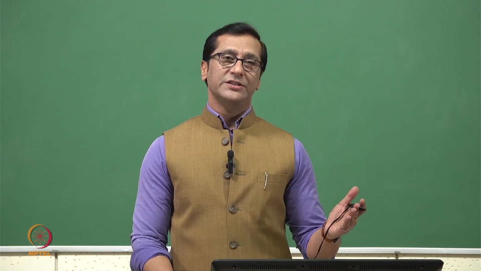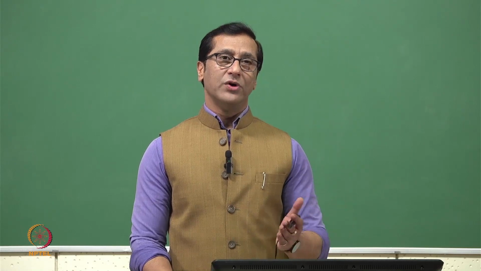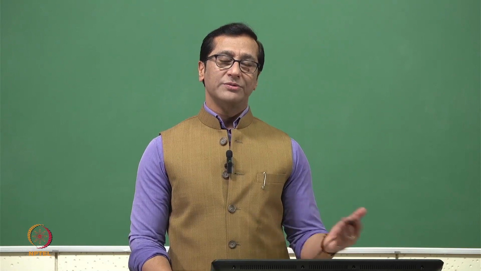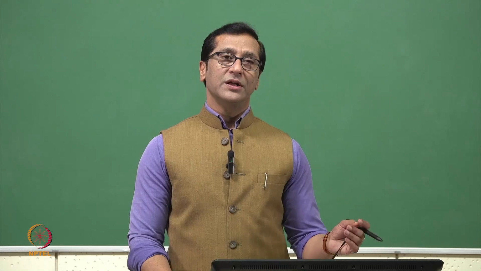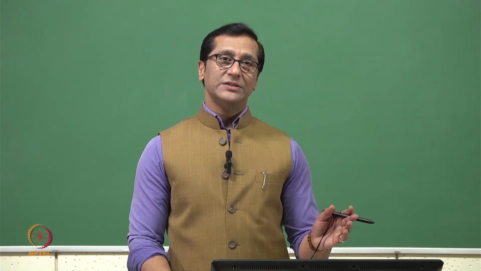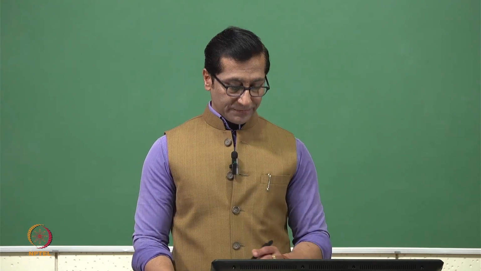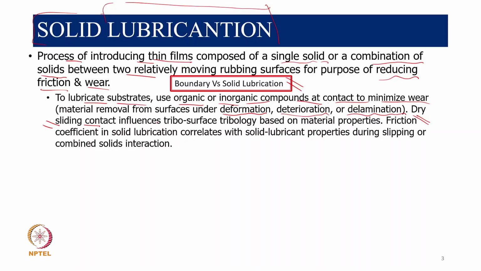If it's a boundary additive, yet it can be removed and it can be reformed again. So rupture will happen, or removal of the additive will occur, as well as reformation. So dry sliding contact influences the tribological surface based on the material property. Now here we are giving more emphasis to the material properties.